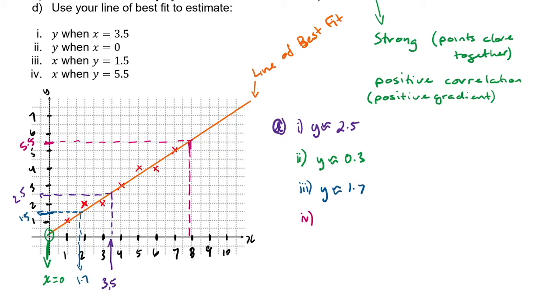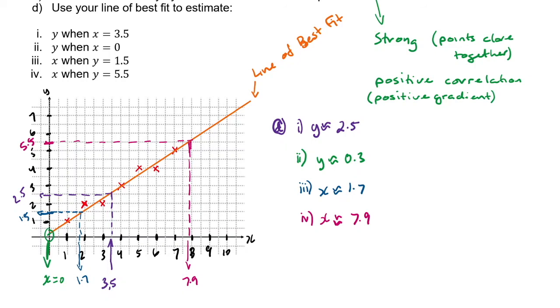If we make the line go past where our points are, we're going to be able to do a little bit of extrapolation. So the other ones, 2 of them were interpolation and 2 of them are extrapolation because we've gone outside the given data set. And I should probably fix that because we're actually looking for x on these ones, aren't we? Not y. Right, so x equals, I'm going to call that 7.9.